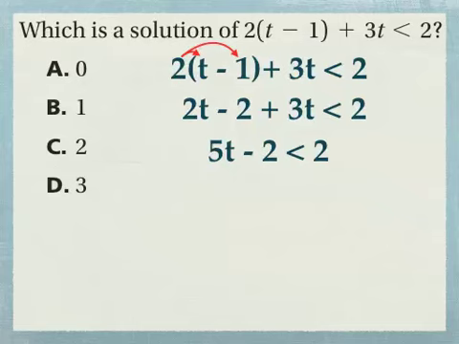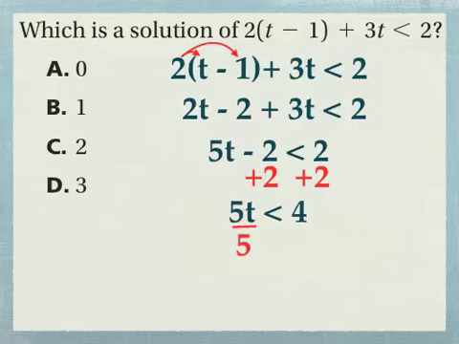Now it's a two-step inequality. I have to add 2 to both sides, and I get 5t is less than 4. When I divide by 5, I find that t is less than 4/5. Now the original question asks which is the solution of the inequality 2 parentheses t minus 1 plus 3t is less than 2, and it gives me options.